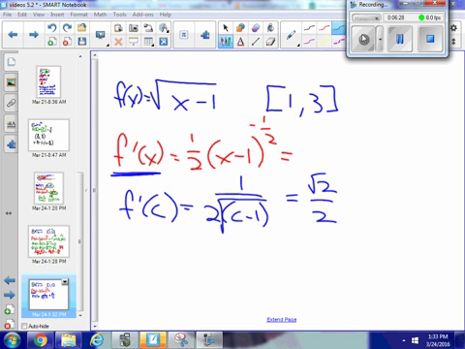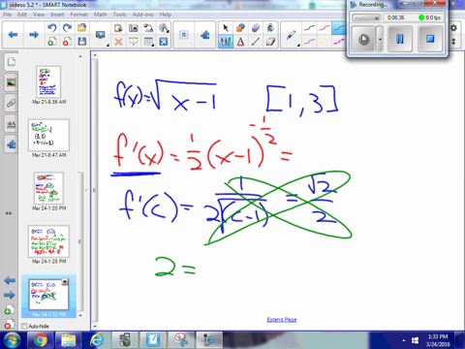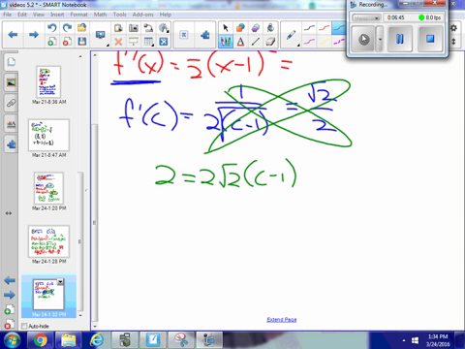So in order to find c, I think I will cross multiply right here, since I have a proportion, and I get 2 is equal to 2 radical 2 times the square root of c minus 1. So the square root of c minus 1 is equal to 2 divided by 2 radical 2. Those 2's cancel out, 1 over radical 2.